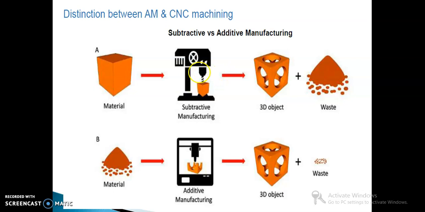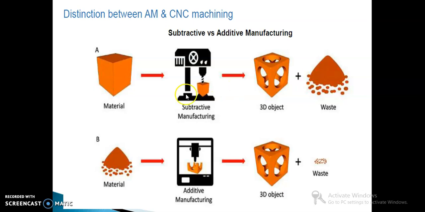After machining, we get the final finished product, but it is a combination of two: the 3D object that is manufactured plus the waste material. Means we get the 3D object plus waste material in CNC machining or conventional machining. That process is called a subtractive process.